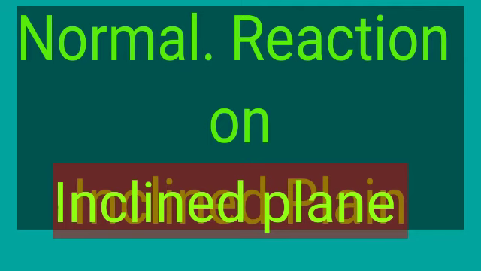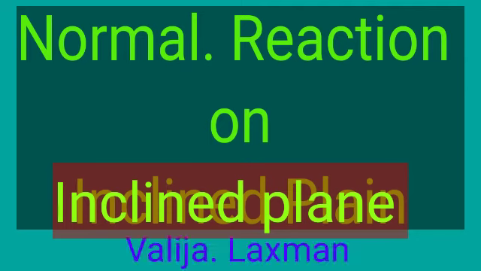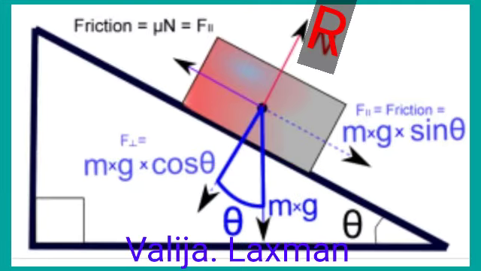Next, consider a body on an inclined plane. If you observe the diagram here, the gravitational force is again mg in the downward direction, and the normal reaction is perpendicular to the contact surface in the upward direction. This gravitational force we divide into two rectangular components. One is mg cos theta, and the other is mg sin theta parallel to the inclined plane.